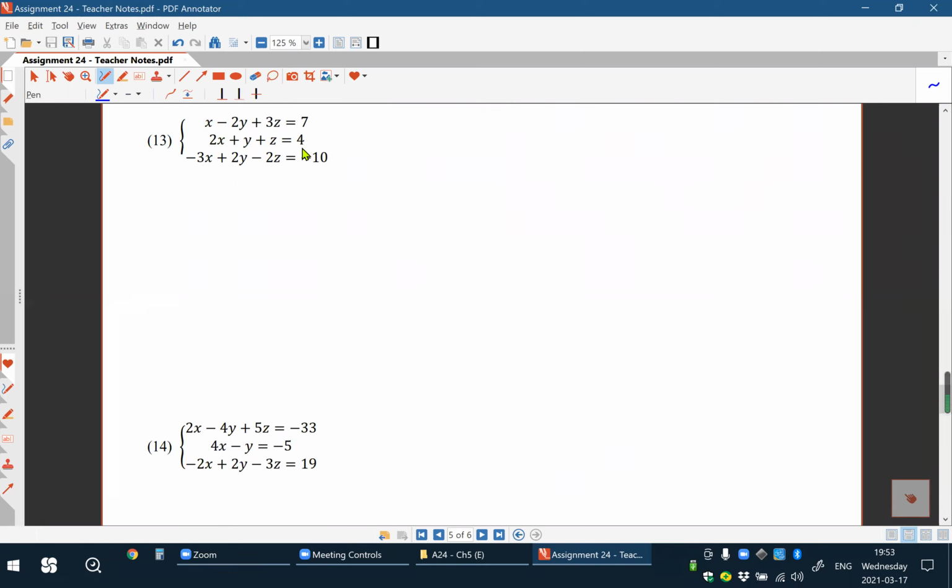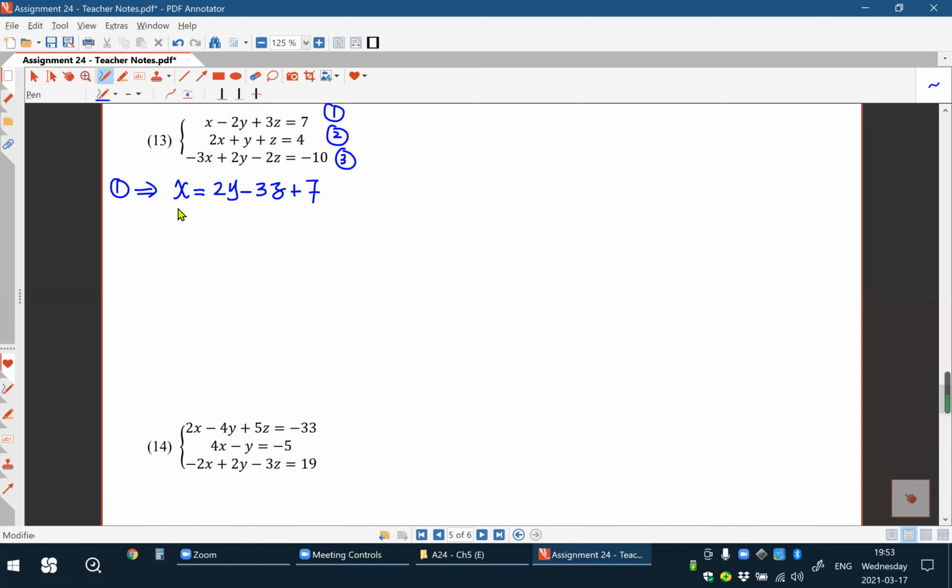Okay, following this concept, how do we eliminate one of the variables there? You can solve one of the variables in terms of the other 2, right? Okay, for example, from equation 1, we can solve x is actually 2y minus 3z plus 7, right?